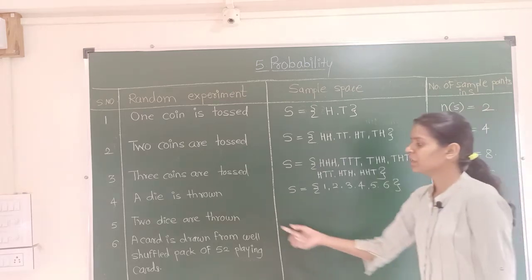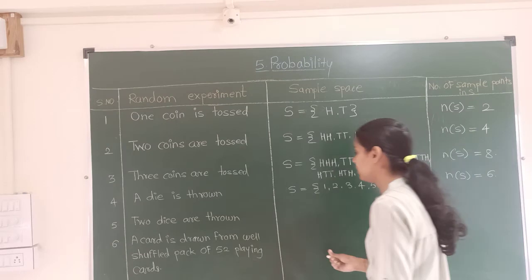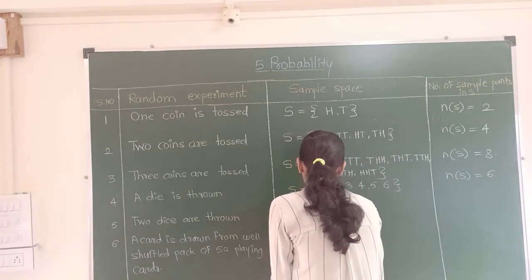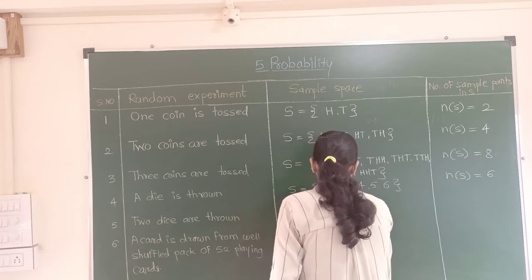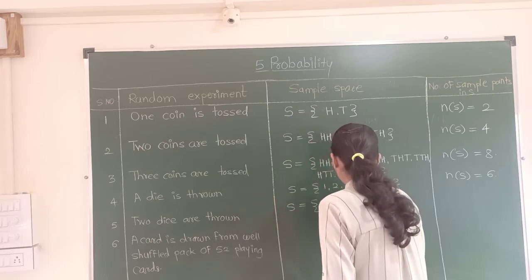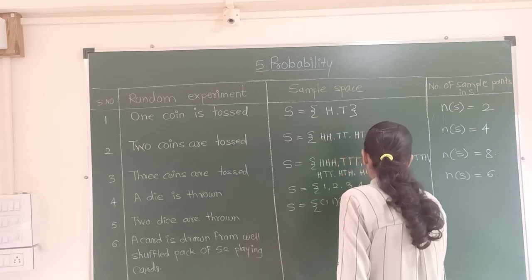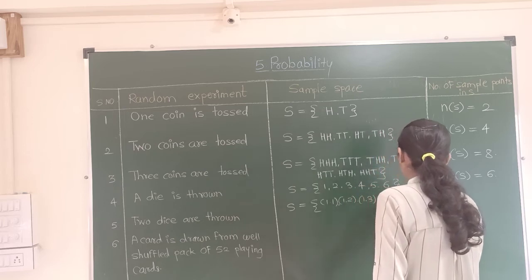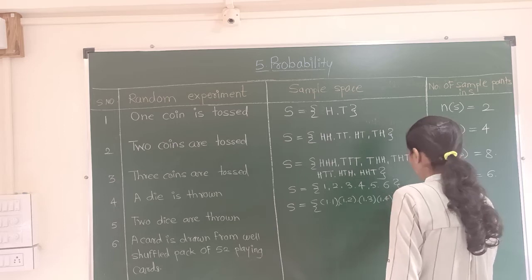Okay, next is 2 dice are thrown. If 2 dice are thrown, what will the sample space be? We will write the sample space for 2 dice thrown. It will be (1,1), then (1,2), (1,3), (1,4), (1,5) and (1,6).